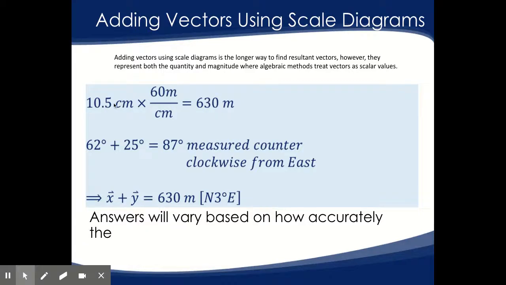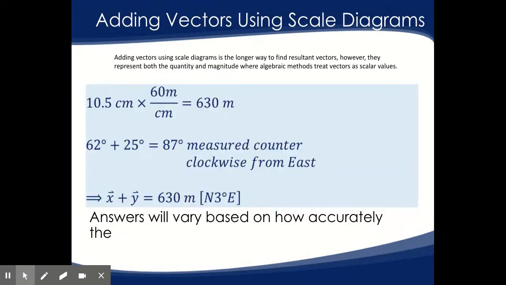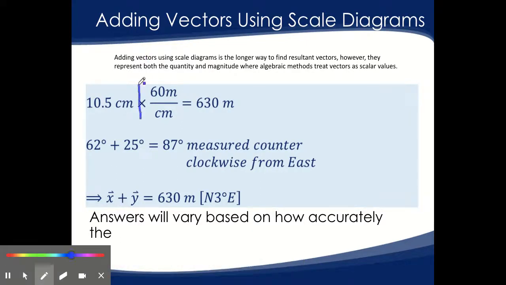So before, let me flip back to it here, when you converted these like this, you had your original value, and then you had 1 centimeter over 60 meters. Now you're gonna have to flip that. So you're gonna have your measured value. If you're drawing your boxes, some people are drawing the boxes for dimensional analysis.